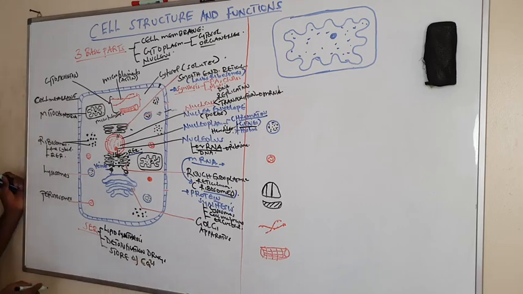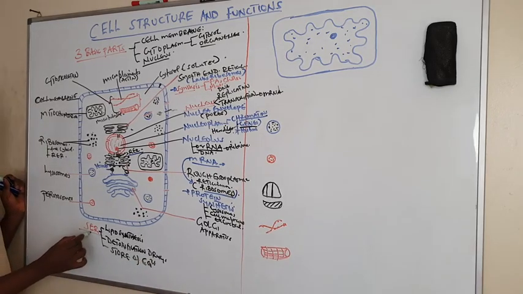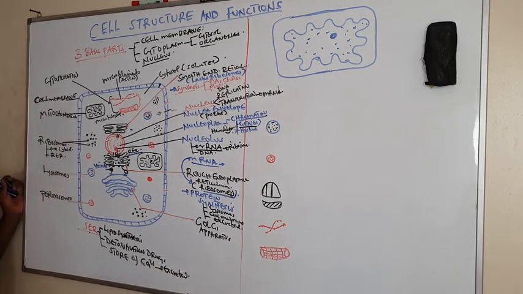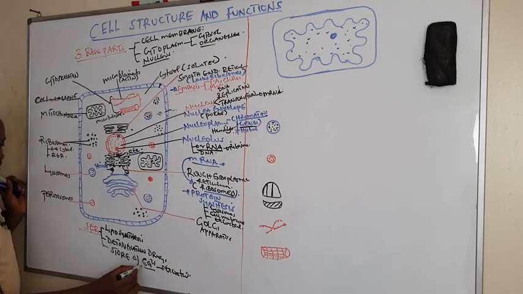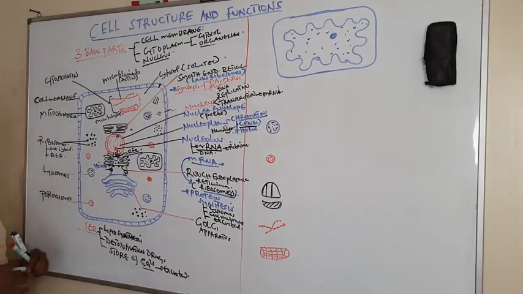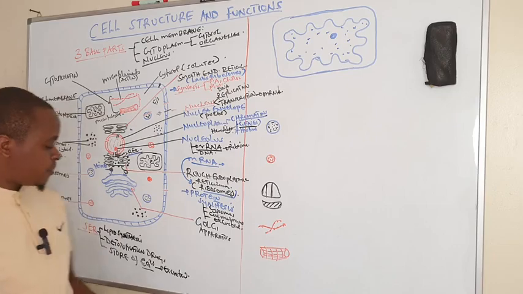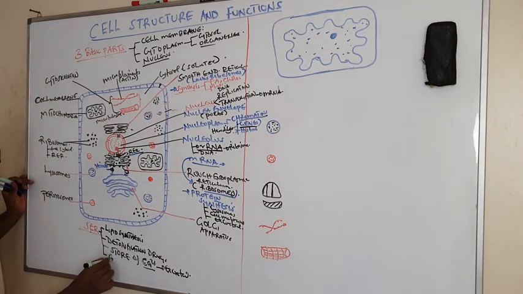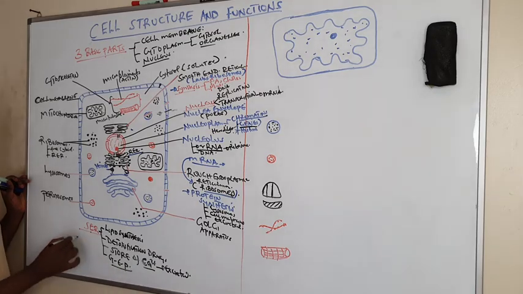Calcium ions are stored within the smooth endoplasmic reticulum and released from there into the cytoplasm in case they are needed. It is also responsible for metabolism of glucose 6-phosphate.